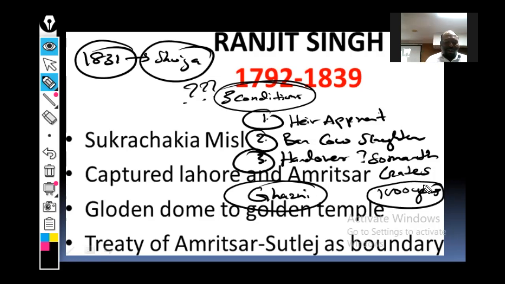So hence, he went to the English. When he asked English help, the English did not encourage his plans to fight Ranjit Singh, because Ranjit Singh was a very big personality. So you can see that Ranjit Singh, an estimate is that he was able to tame Afghanistan.